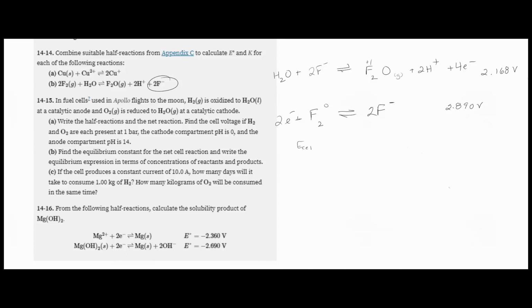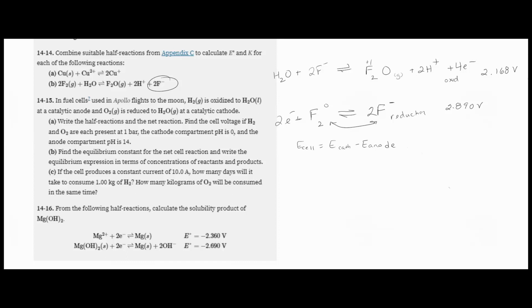So now we need to figure out which is the anode, which is the cathode, and then find the E of the cell, because the E of the cell is going to be the E of the cathode minus the E of the anode. So this equation is obviously going to be our reduction. That makes this equation our oxidation. Remember, oxidation is loss.